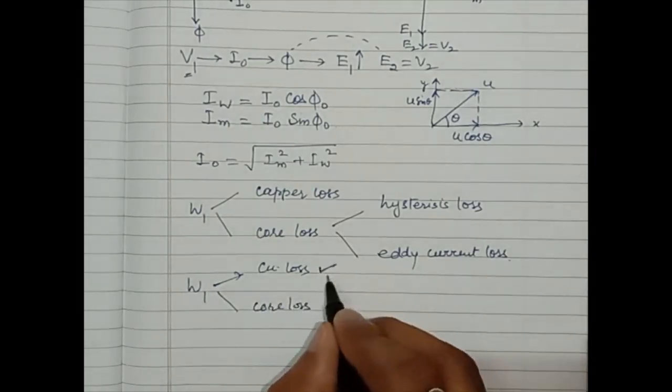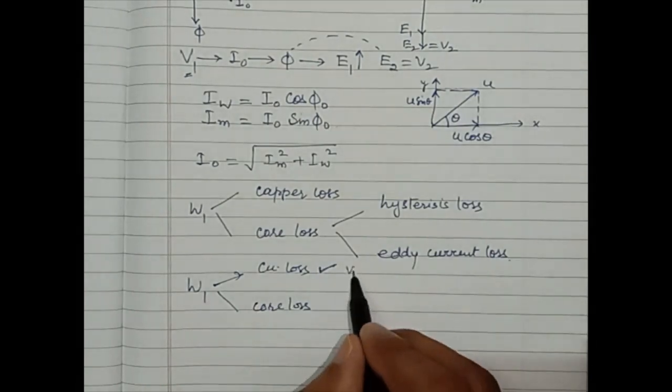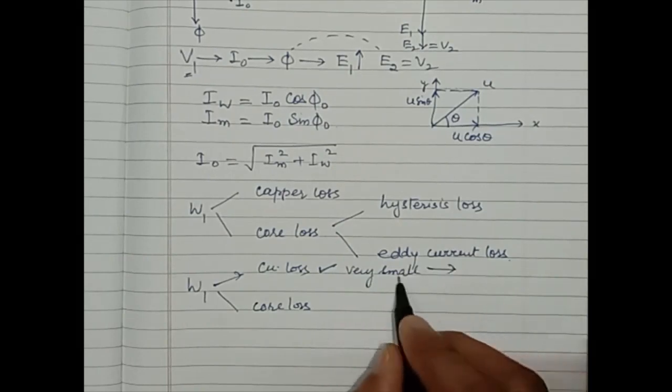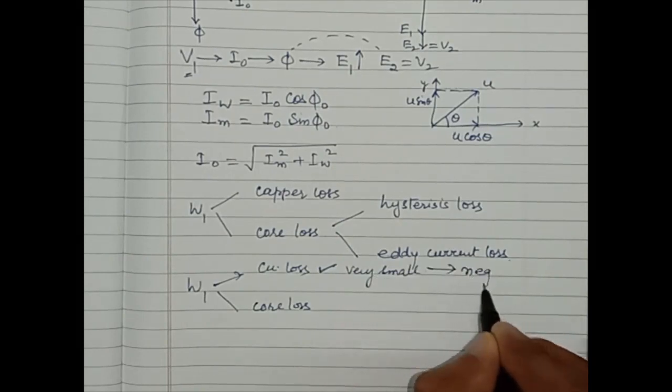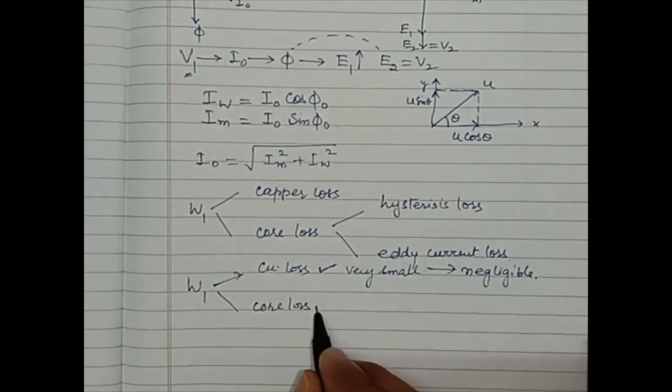Because it is a no load condition, this copper loss is very small, so it can be neglected. It means the only significant loss is the core loss.